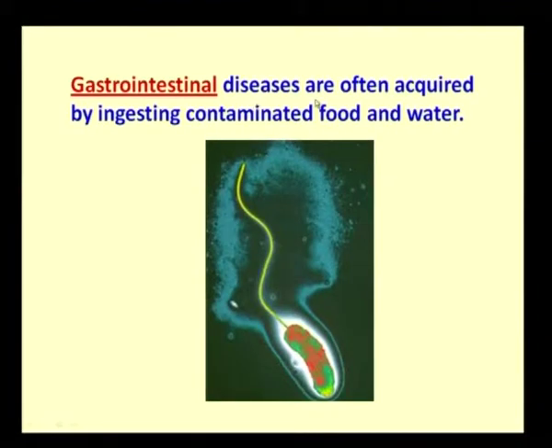Gastrointestinal diseases are often acquired by ingesting contaminated food and water. See, we may not think that only through air or only through the land we will be infected. We will be greatly infected by the intake of contaminated water and not properly maintained food. The food which we take in should be clean and should be pure and safe for a healthy life.